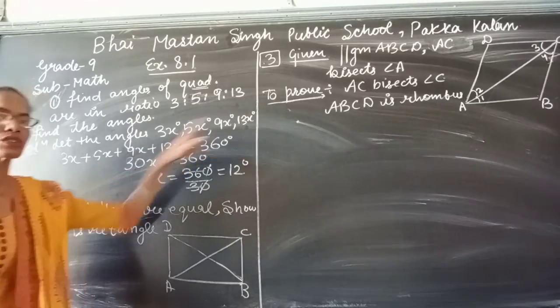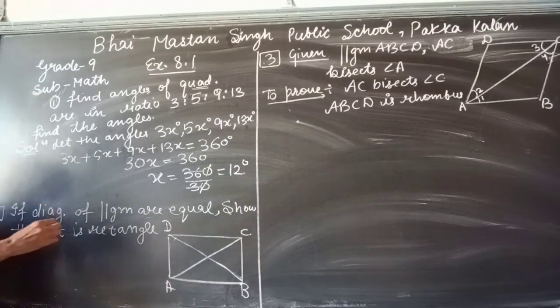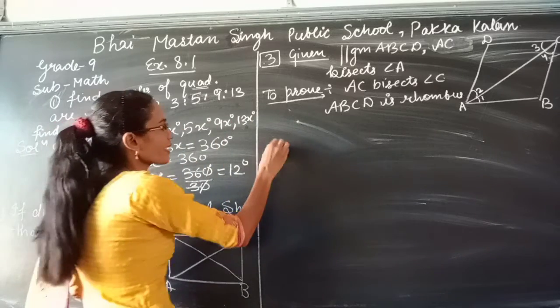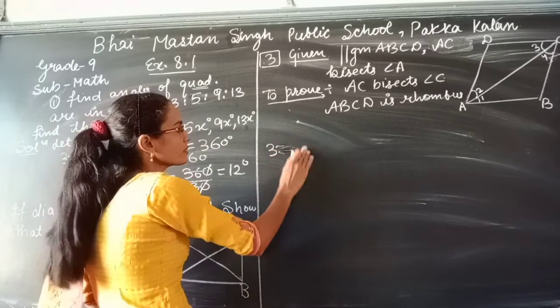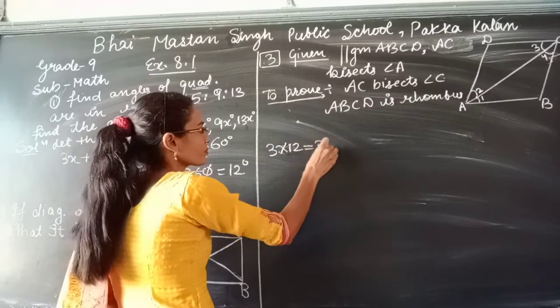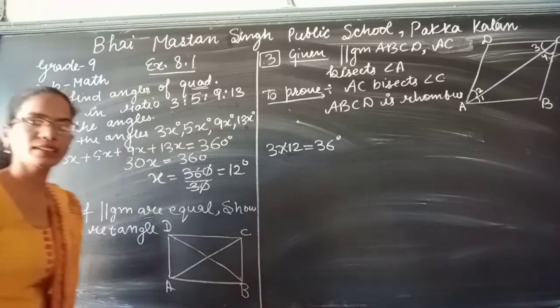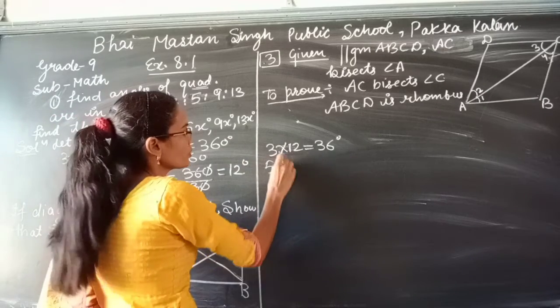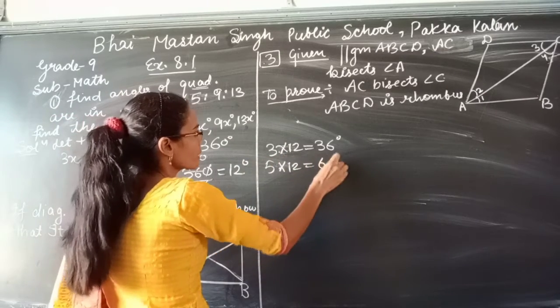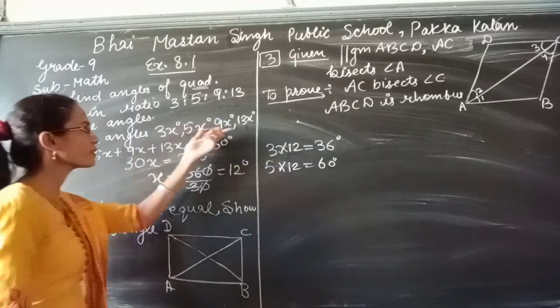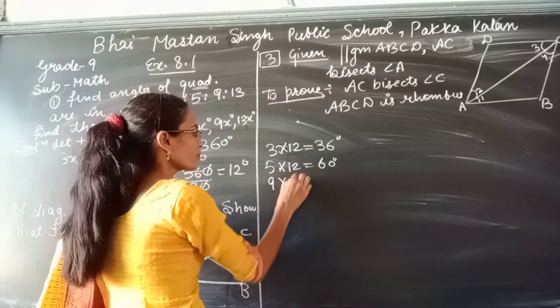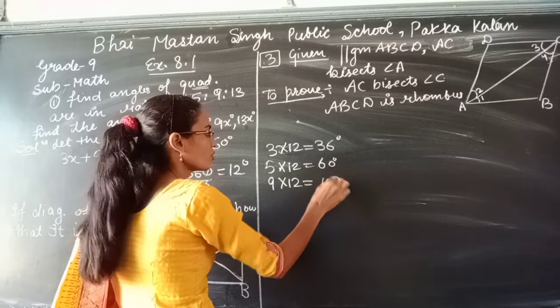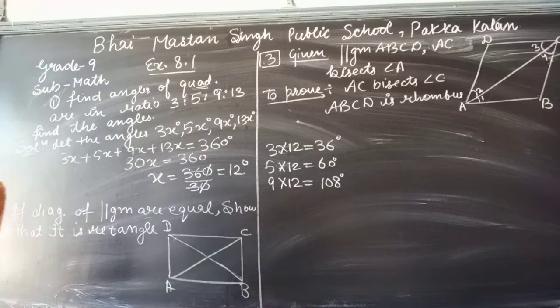So let's find it. Firstly, 3x means 3 into 12, which is 36 degrees. Clear to you? Next, 5x is 5 into 12, 60 degrees. Next, 9x is 108 degrees.